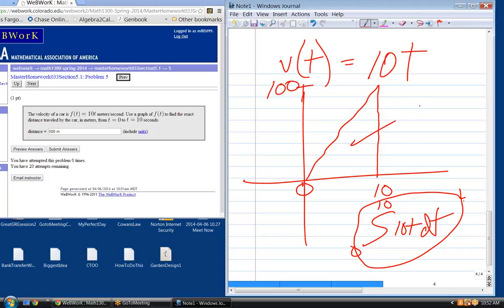It's 5t squared, evaluated from 0 to 10. When you plug in 10, you get 500. When you plug in 0, you get 0. How did you get 5t squared? Power rule. Take the antiderivative of 10t. You add 1 to the exponent and divide by the new exponent.